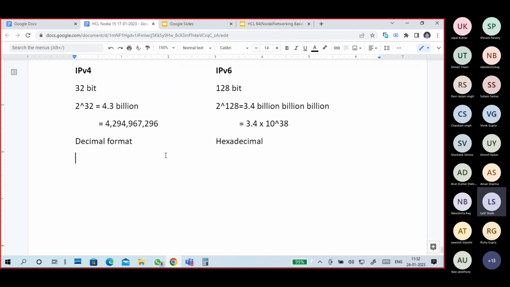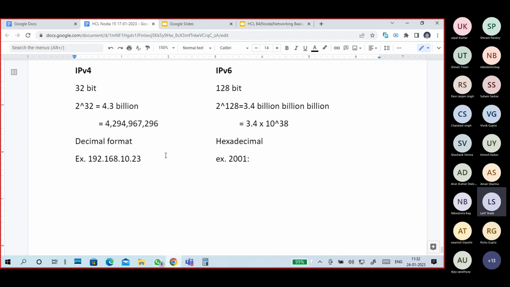So, decimal format. Example of IPv4 is 192.168, something you can put, 10.23, anything, just for example. An example of IPv6 is a little bigger, and of course we can write it in a very short way also.